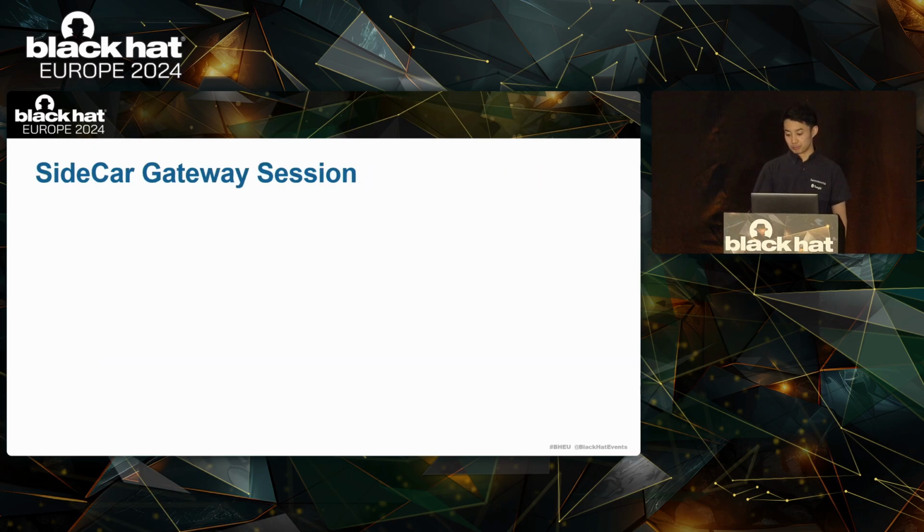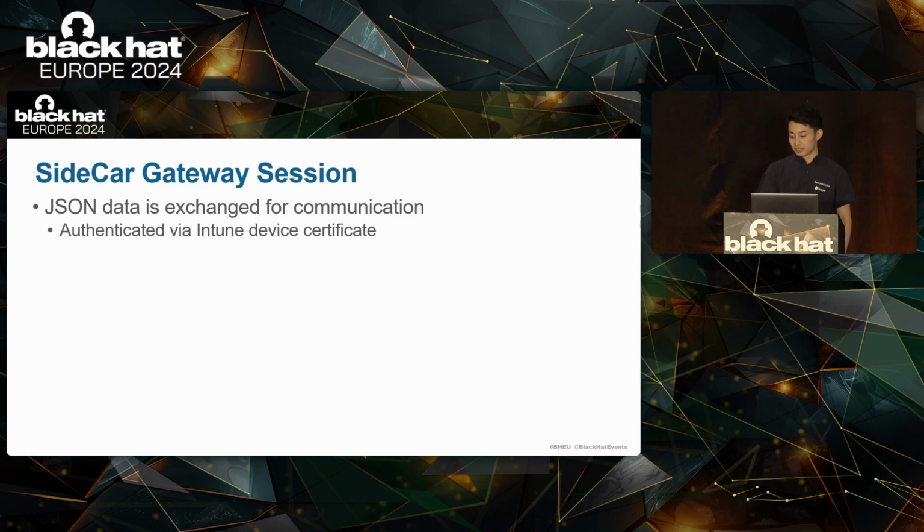As for the communication between SideCar and gateway service, the JSON data is exchanged for communication. And the SideCar is authenticated to the gateway service via the enrolled Intune's device certificate. And the JSON data contains the gateway API to query data from the gateway service.